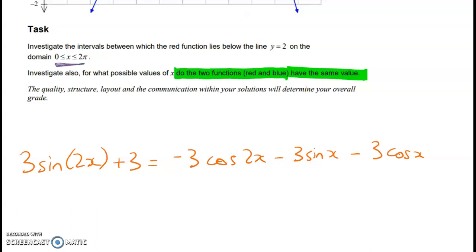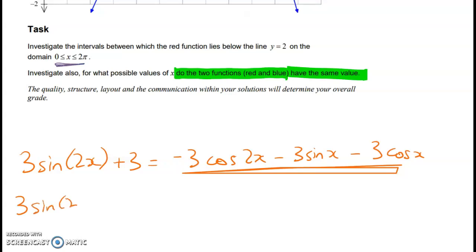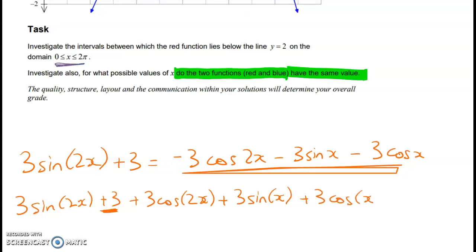So I'm going to start off by shoving everything over to one side. So let's go. I'm going to bring all of this to the left-hand side by adding it all on. We get 3 sine 2x plus 3 plus 3 cos of 2x plus 3 sine x plus 3 cos x is equal to 0. Now, things that I'm not happy about in here.